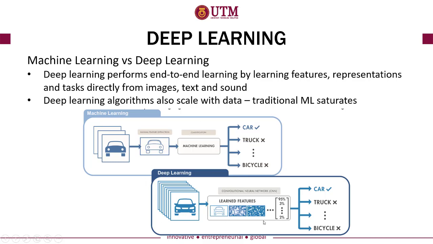What is the difference between deep learning and machine learning? Deep learning lets the computer decide. That's why you only have one module called deep learning, where feature extraction happens and where the classification happens, in the same integrated network.